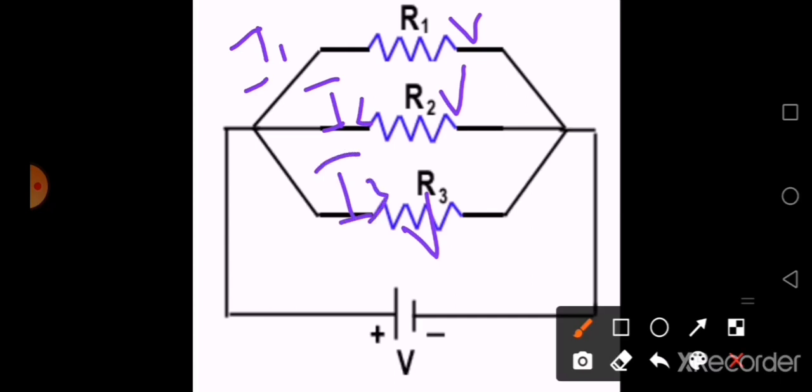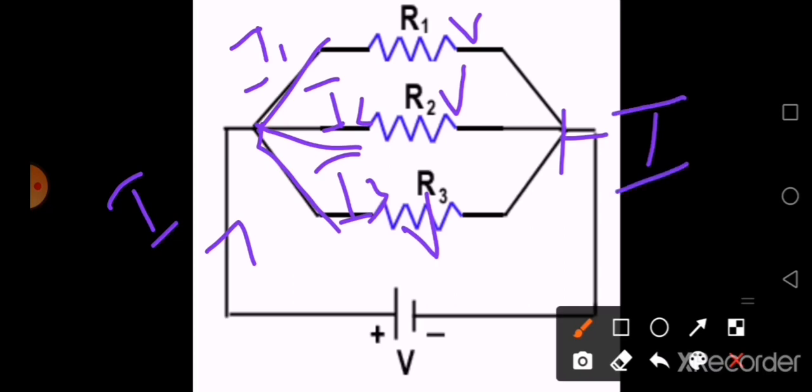Okay, so when current I is coming from here, it is going to split as I1, I2 and I3, and once it comes out, the total will again be I itself. Okay, so in a series connection, I is the same, potential difference is different.